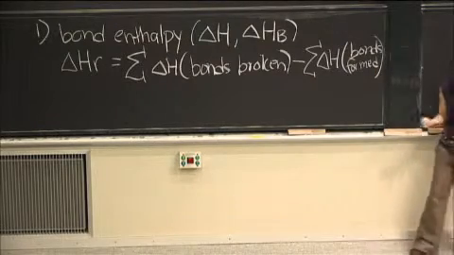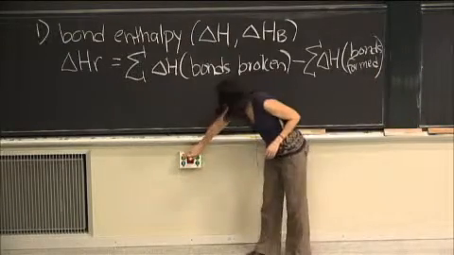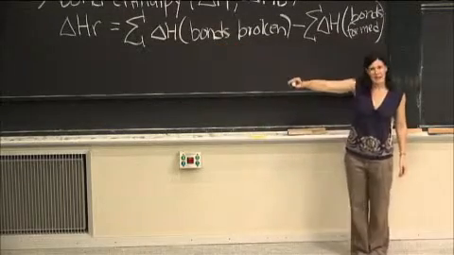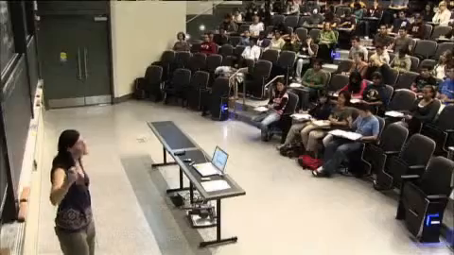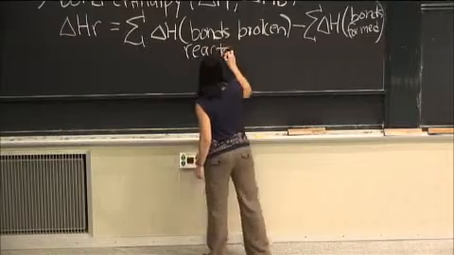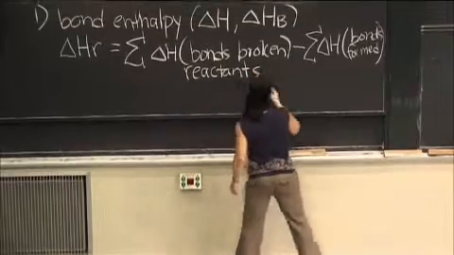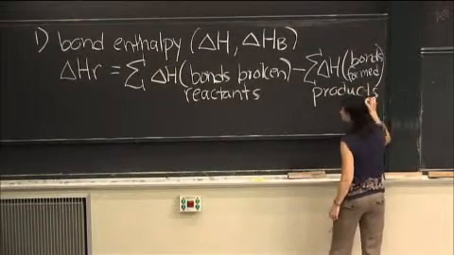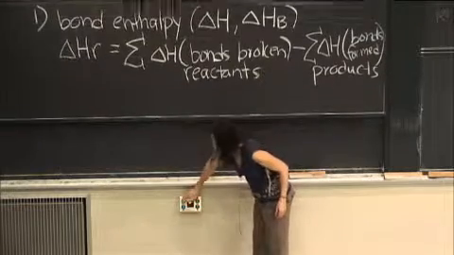All right, so let's think a little bit more about what this means. So if we're talking about bonds broken, are we talking about reactants or products? Reactants. So essentially, we're summing up the bond enthalpy of reactants and subtracting it from the products. All right, great. So that's our first strategy there.